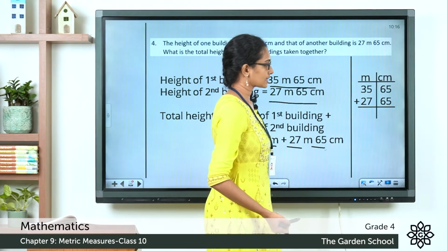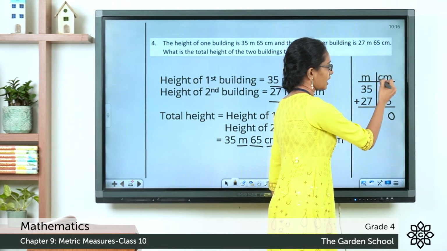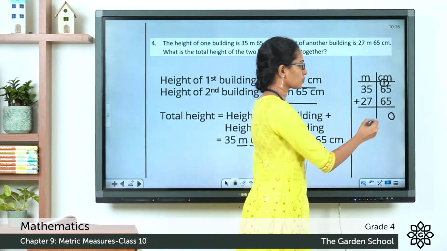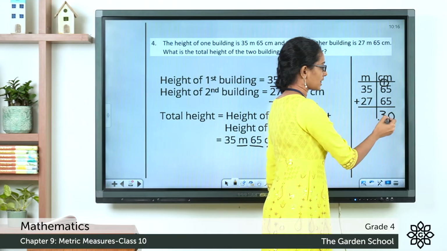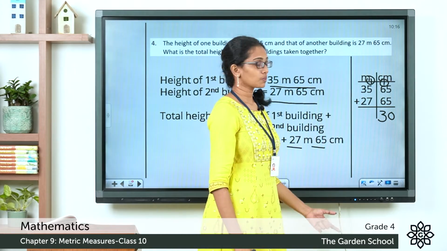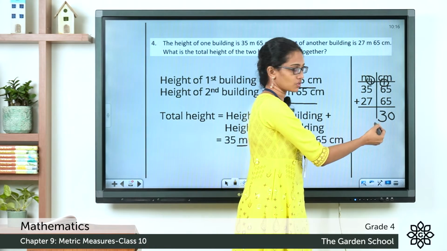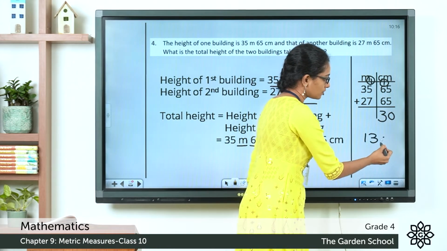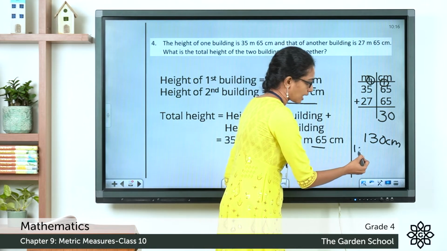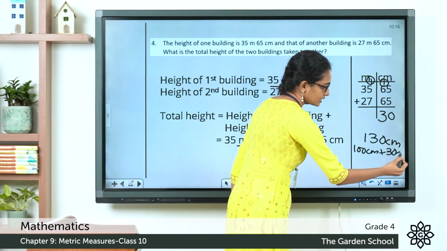So start adding the numbers. So 5 plus 5 is equal to 10. We have a carry over here. Now 6 plus 6 is equal to 12 plus 1, 13. So we write that 3 here and carry over 1 to the next place. So understand that when we added these two in the centimeter column, we got a total of 130 centimeters, which is equal to 100 centimeters plus 30 centimeter.